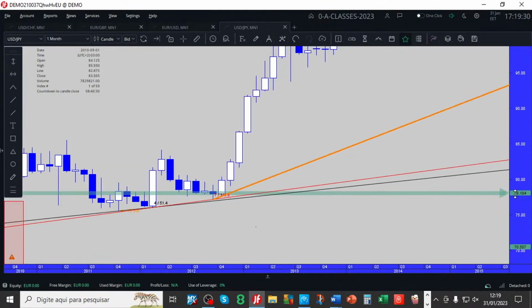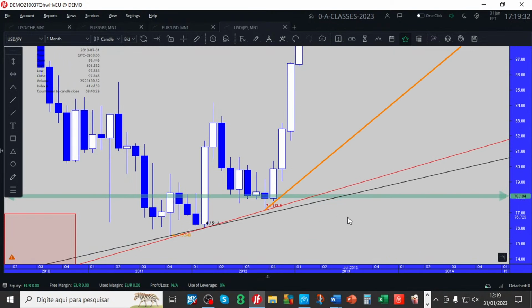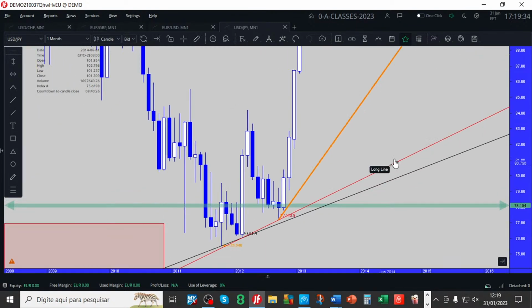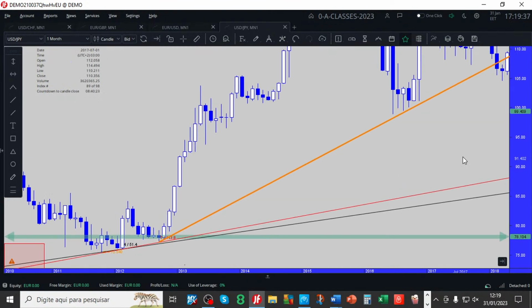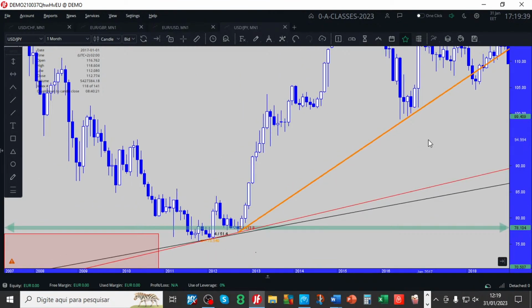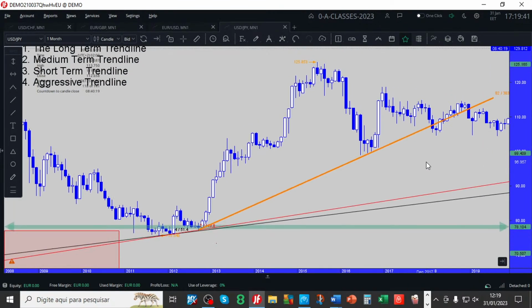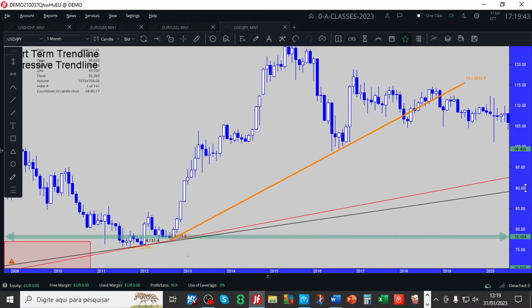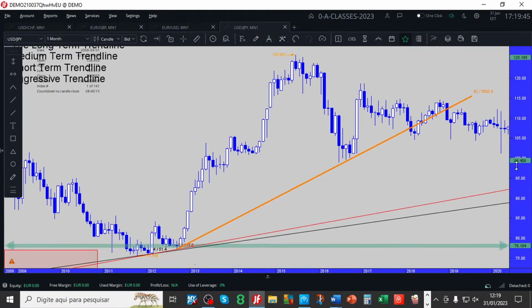Let me see if I'm breaking any tails or wicks in here. No, I'm not, right? Still okay. Is my orange line correct? Type in the chat yes or no.